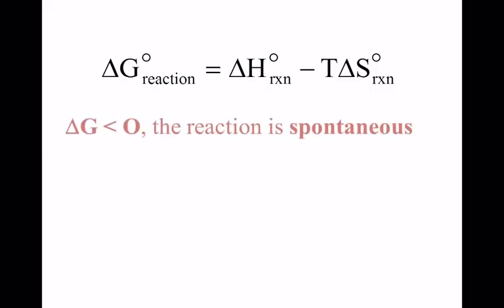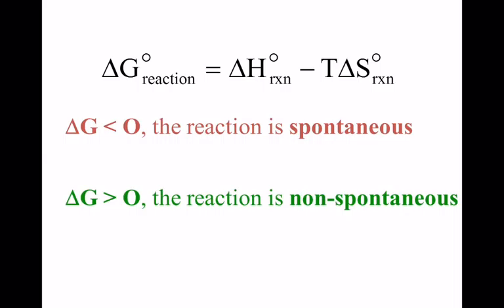So if the change in Gibbs free energy is negative, then the reaction is spontaneous. If the change in Gibbs free energy is positive, then the reaction is non-spontaneous, and all you have to do is swing the reaction arrow around to make it spontaneous. This is an interesting, important thing, and we'll be talking more about it.